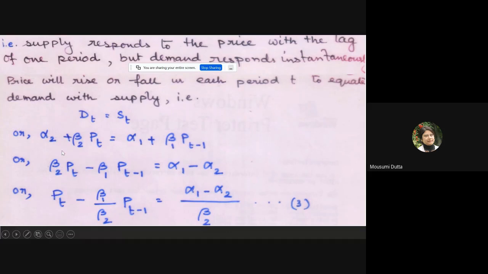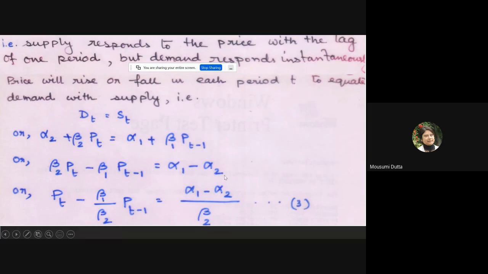In the next step, I am keeping Pt and Pt minus 1 to the left and bringing the parameters where there is no Pt to the right. The elements where we have Pt, Pt minus 1, all these things we are keeping to the left.